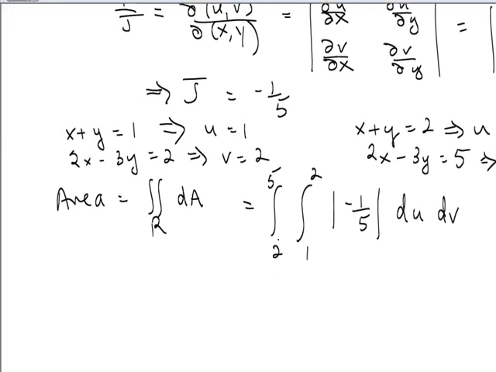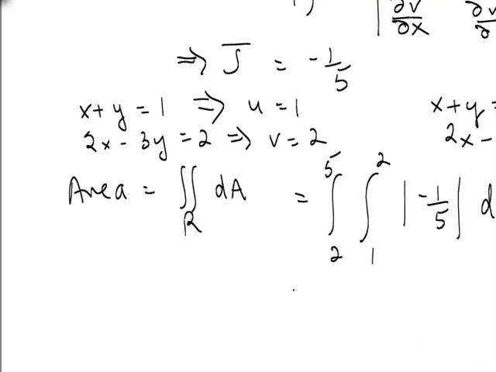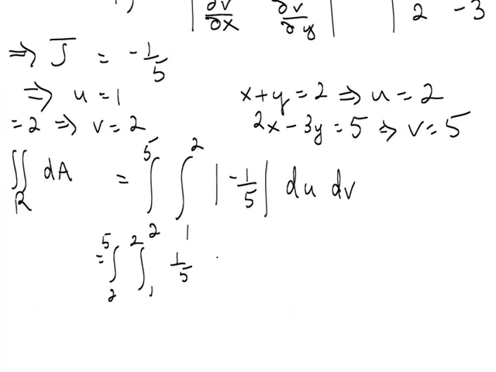Okay? This is so much easier to integrate than integrating over this parallelogram. Let's simplify that. v from 2 to 5, u from 1 to 2. That is just 1/5 du dv.